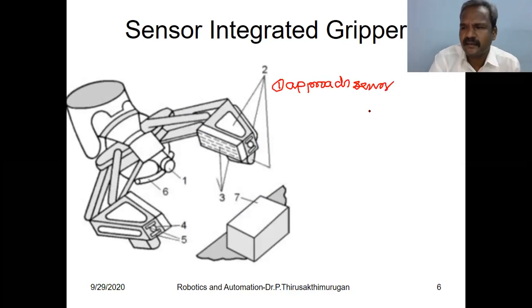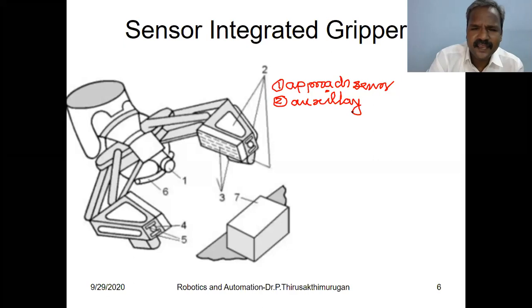Two is auxiliary, nothing but auxiliary tactile sensors. Auxiliary means supplementary, right? So two is the auxiliary tactile sensor.